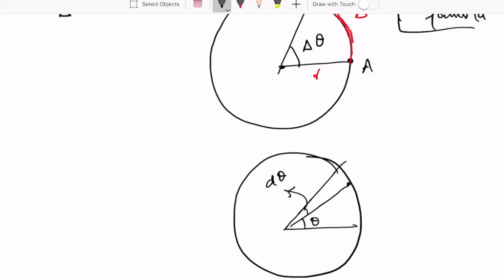So d theta means a very, very tiny change to theta, right? So what is the distance moved by the object? We're going to call this infinitesimally small distance ds, right? And so what's the relationship between r, d theta and ds? Using the same formula as before, ds is going to be r d theta. Okay, now ds is equal to r d theta.